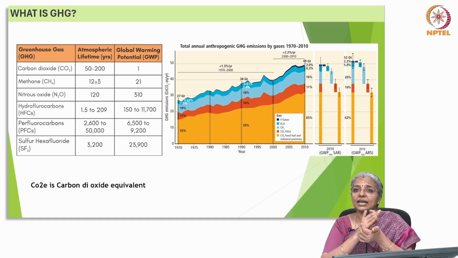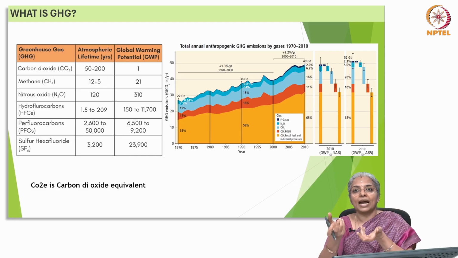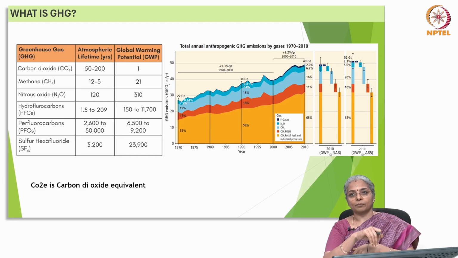Methane emissions arise from coal, natural gas, oil production, transport, also from livestock, cows and things like that, agriculture, and also organic waste being filled into landfills.